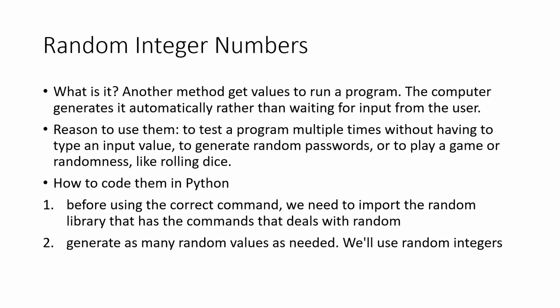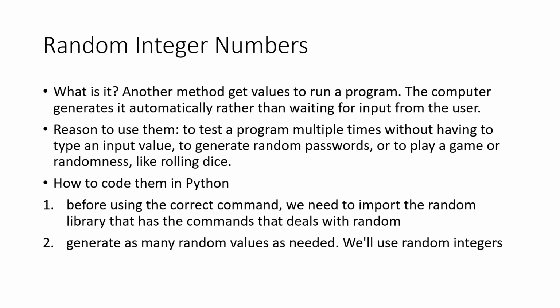So to test a program multiple times without having to type the input yourself, to generate random passwords. So we're going to see how we can generate random integers for the codes, and then the codes, we have seen how we can convert them to characters. So that is the logic behind the generation of random passwords.